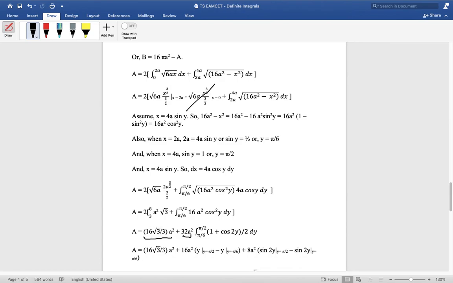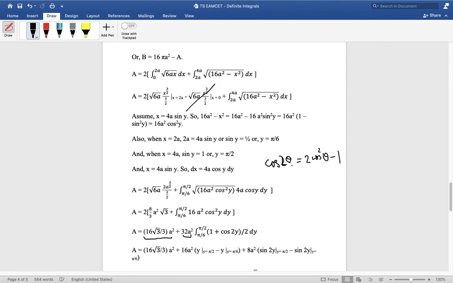So this is sorted. This will be 32a square, integral from pi by 6 to pi by 2 of 1 plus cos 2y by 2 dy. How do I get 1 plus cos 2y by 2? Because cos 2 theta is equal to 2 cos square theta minus 1.